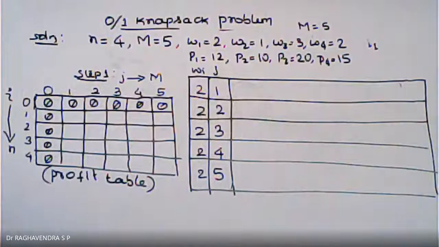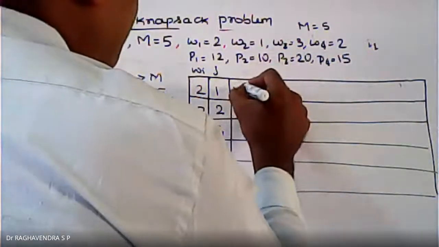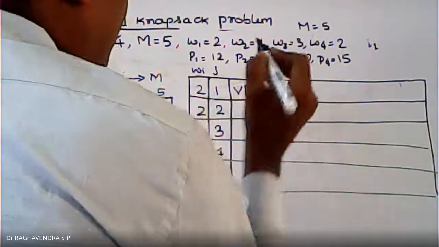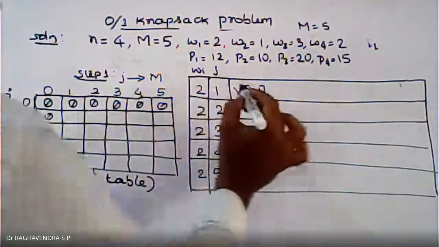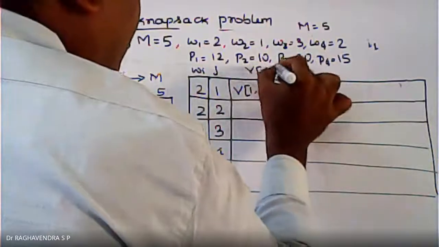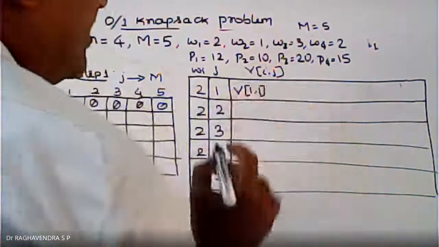Next I have to find V of 1 comma 1, because this is V of I comma J. I means first item, J means remaining capacity.